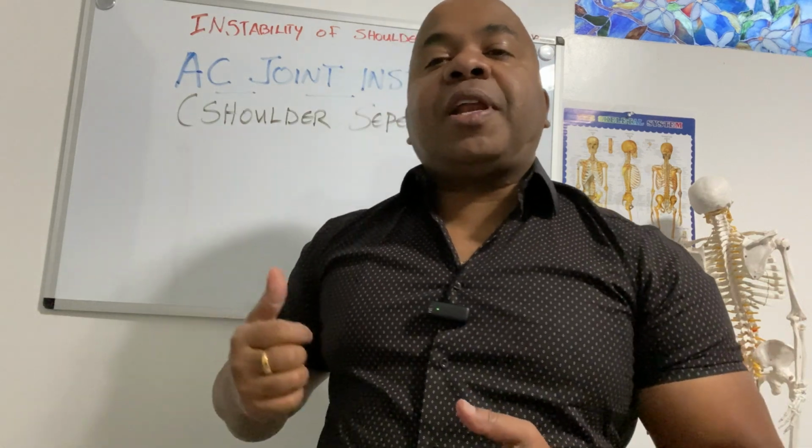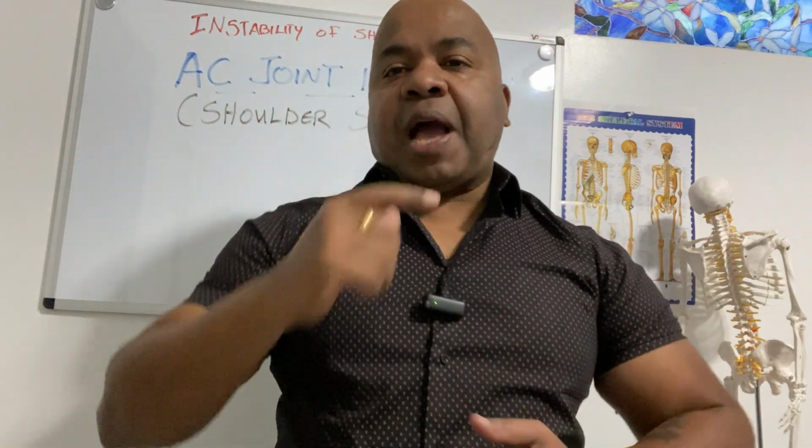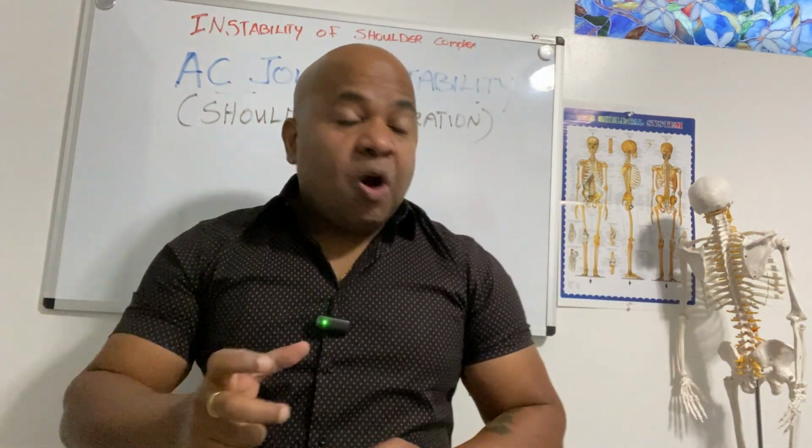And coming to the third movement that is possible at the acromioclavicular joint, the upward and downward rotation of the scapula. Again, your focus during the upward and downward rotation of the scapula is at the glenoid fossa. Here the glenoid fossa is moving superiorly during upward rotation, and the glenoid fossa is rotating inferiorly during downward rotation.